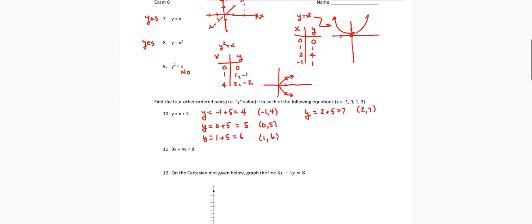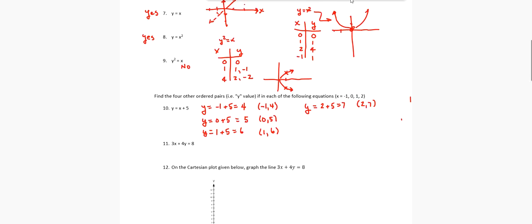Okay, same problem, another problem here. Let's see, we've got 3 times -1 plus 4y equals 8. Well, we have to solve for y. Boy, I just didn't leave enough room here, did I? All right, since I didn't leave room, I'm just going to write the answers.